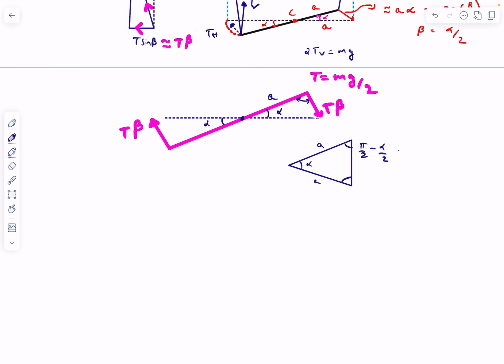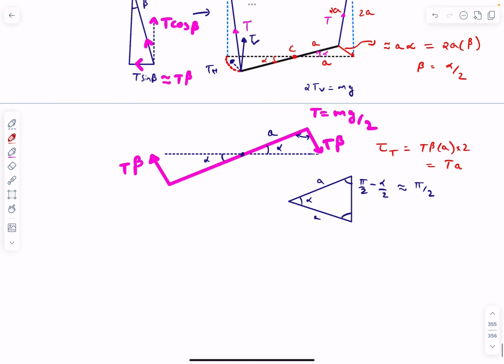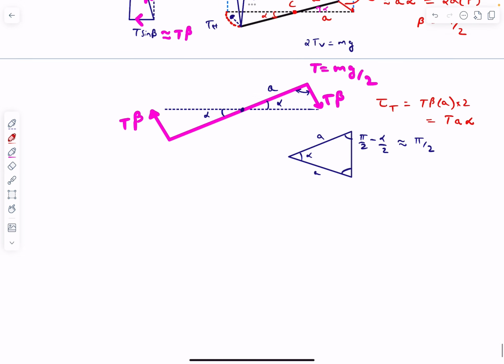We can approximately say it is pi by 2 because alpha is a small angle. So this angle we can basically say is 90 degrees. So the torque of tension is just T beta multiplied by A. This is the contribution due to one of them. There are two of them, so we multiply by 2 as well. So this is going to be T multiplied by A multiplied by 2 beta, and 2 beta is just alpha. So it's going to be TA alpha.